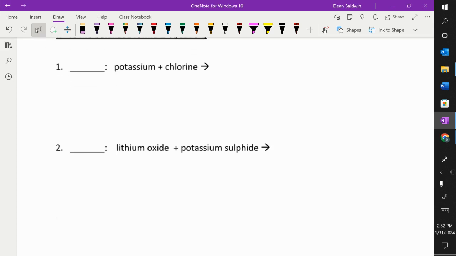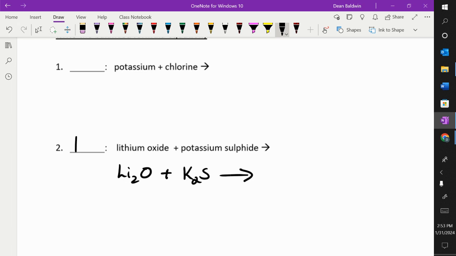Lithium oxide. What's the formula for lithium oxide? Li2O plus potassium sulfide, K2S. Okay, what type of reaction is this going to be if you have two compounds reacting?